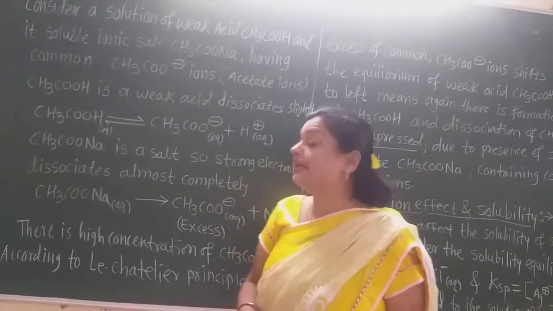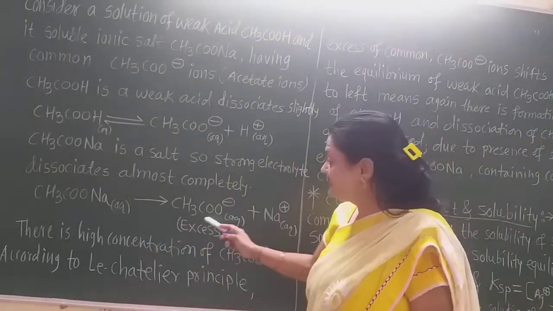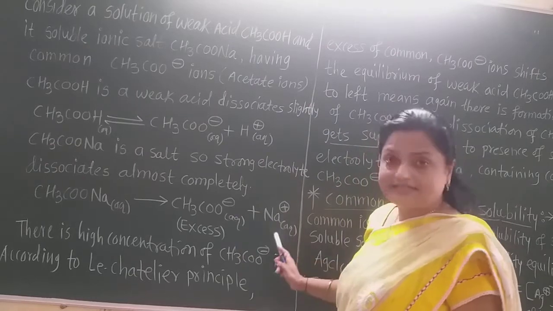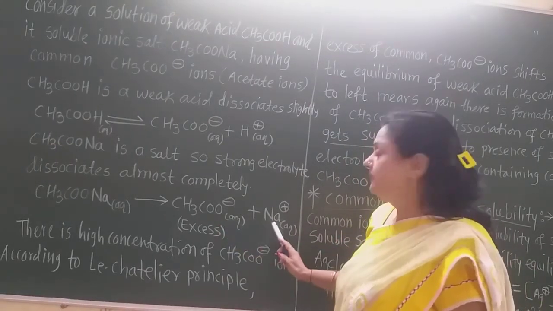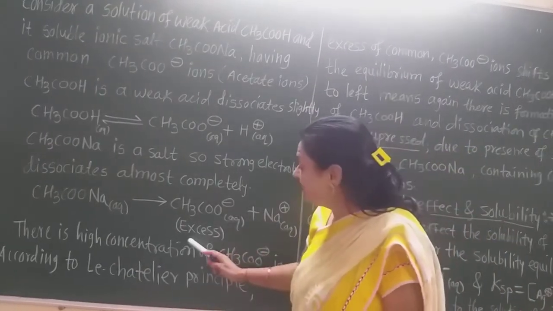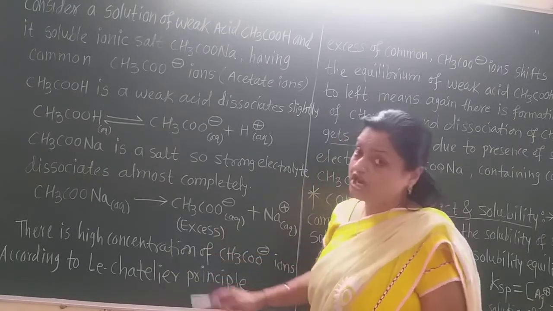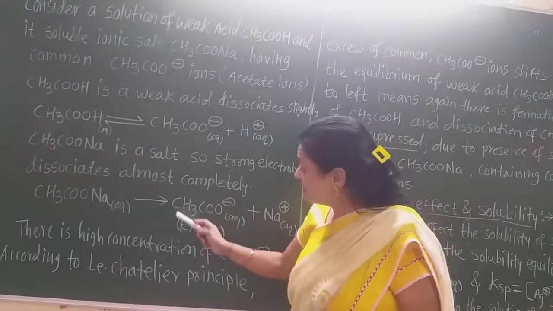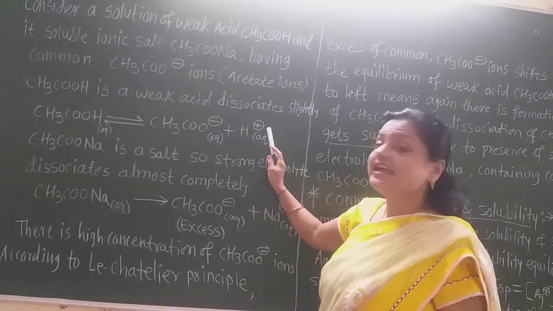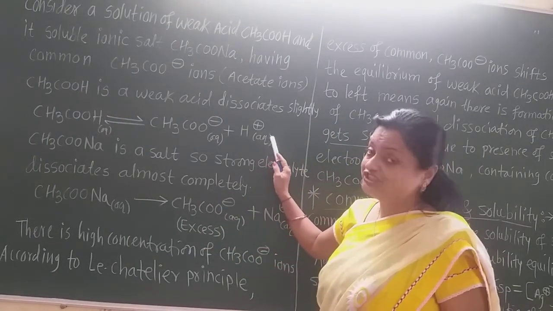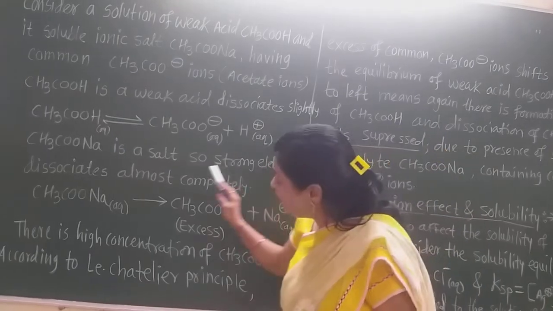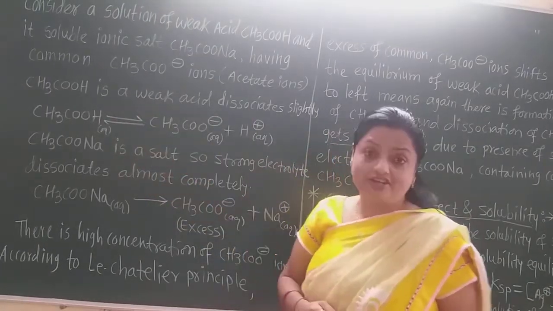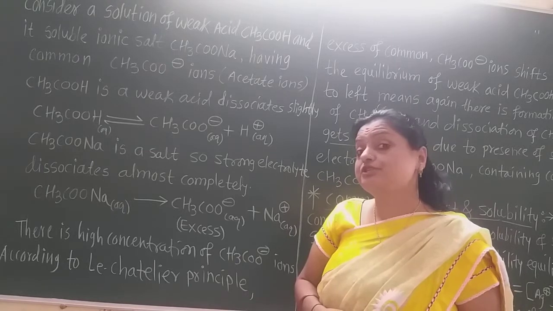It gives the acetate ion plus Na plus ion, CH3COO minus plus Na plus. Now this acetate ion is in large excess. Due to that, what happens? These acetate ions again react with the H plus in that solution and form acetic acid again. According to Le Chatelier's principle, what happens?